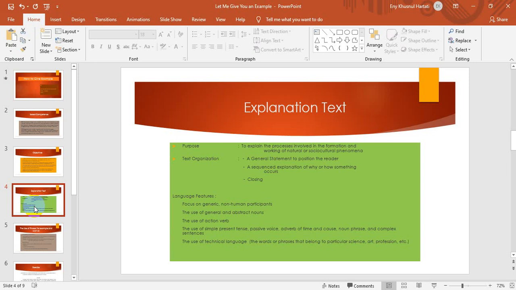Artinya bahwa kalimat yang mana subjek tidak melakukan aktivitas, tetapi subjek dikenai aktivitas. Like in Indonesia, ya, Budi bermain bola. So that's active sentence. Kita akan berubah, kalimat tersebut akan dirubah menjadi bola dimainkan oleh Budi.